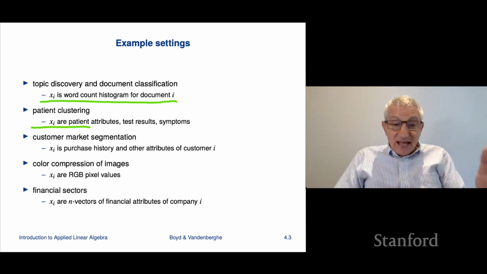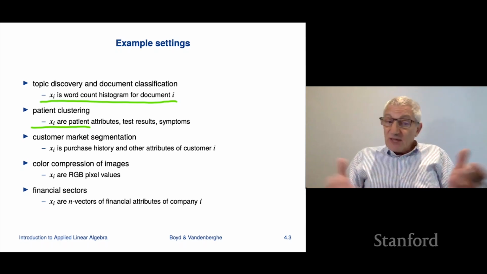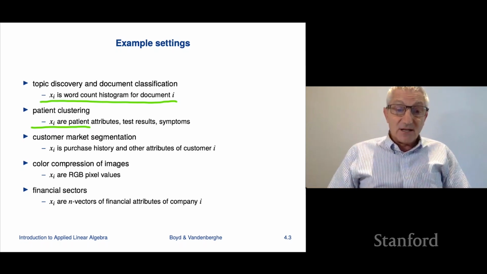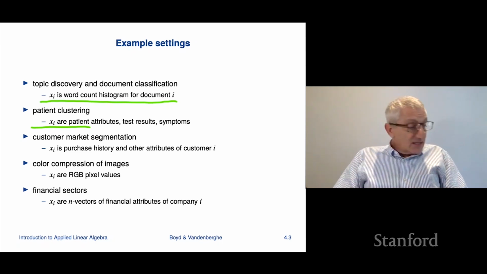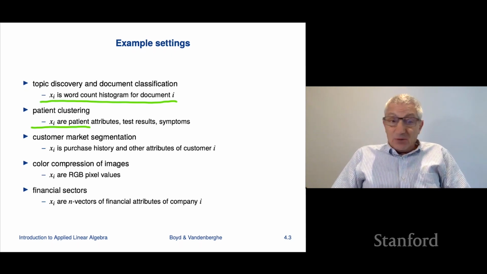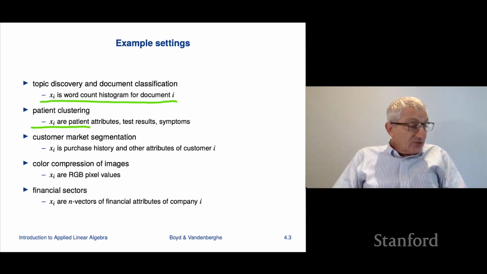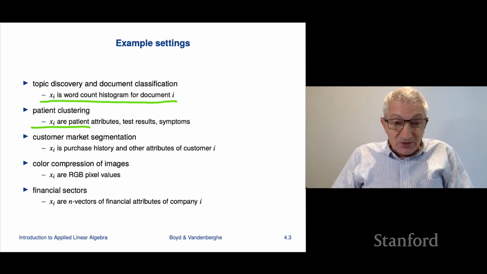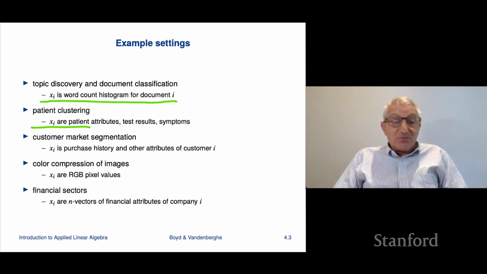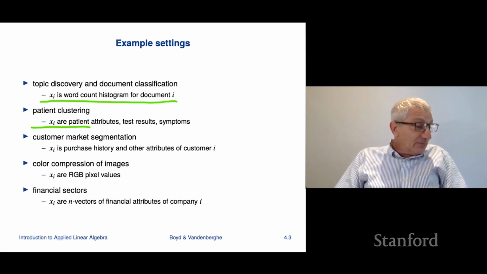Have they tested negative for something or positive for something? Or if it's a numerical test, that would also be encoded in x. Okay, so these are your vectors. It's actually a set of attributes of each patient. Now, it would be very useful if you had 100,000 patients to group them into, I'm making this up, but 60 different clusters. And you'd probably find out some interesting stuff that way.